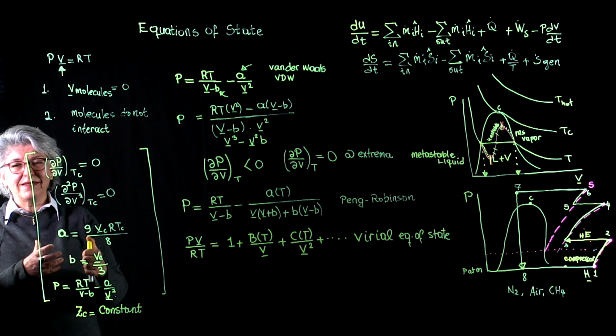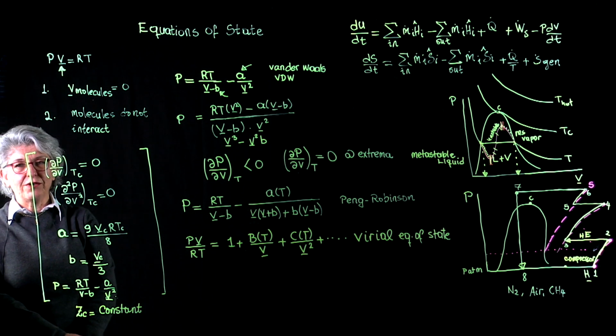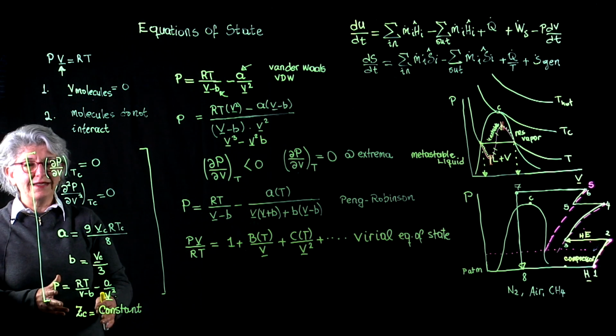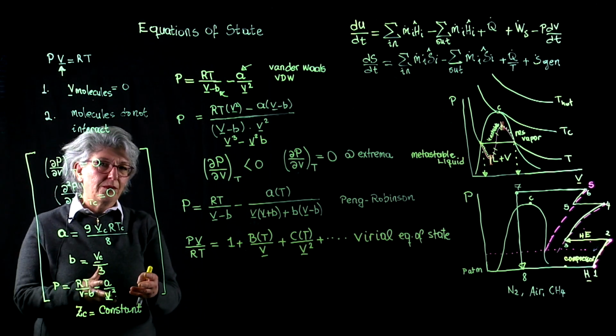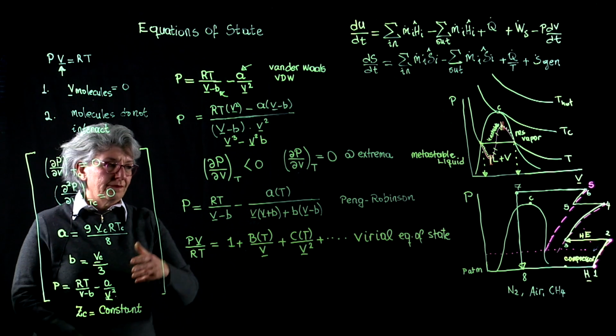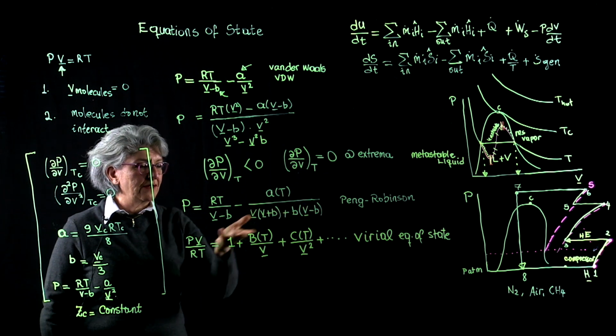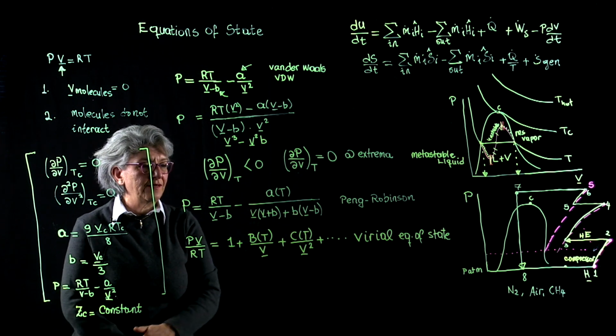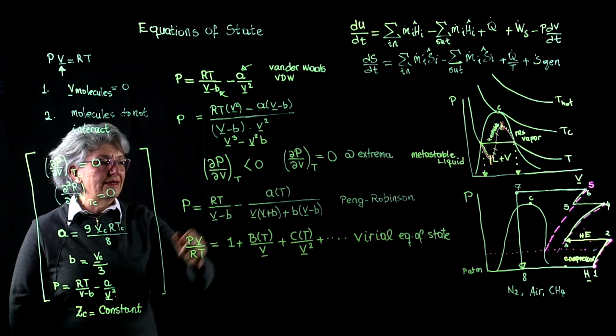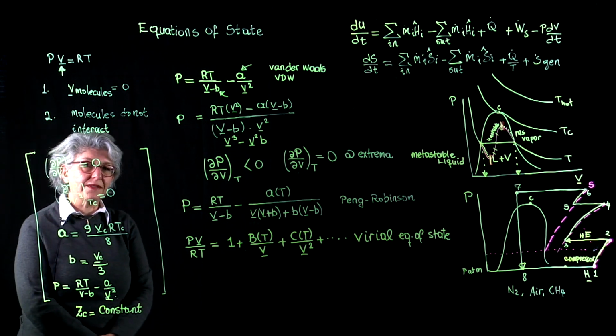That is where the predictions of the van der Waals equation of state weaken. That's why we need more complex equations of state, such as the Peng-Robinson equation of state or virial equations of state, where we have temperature dependencies of the constants as well.